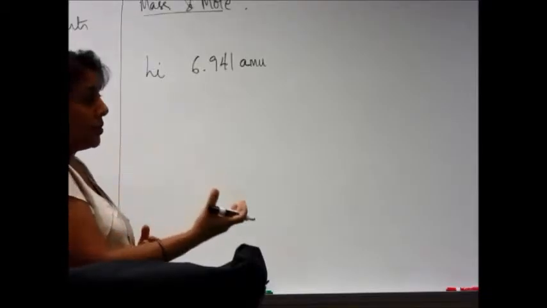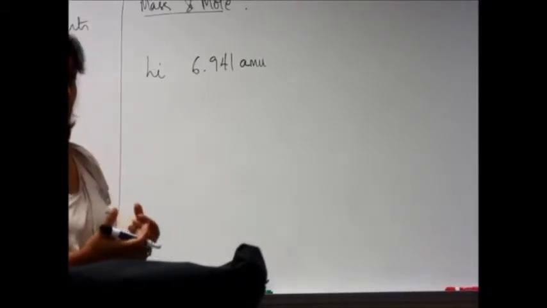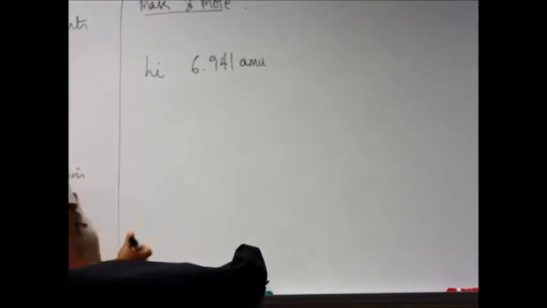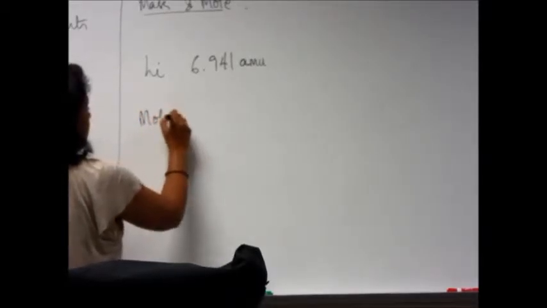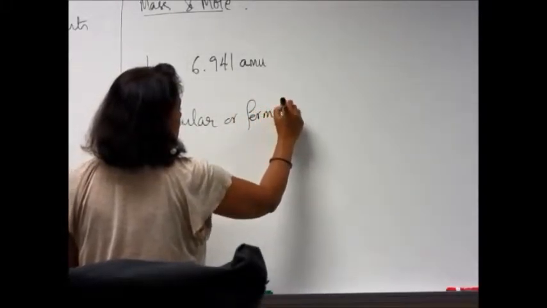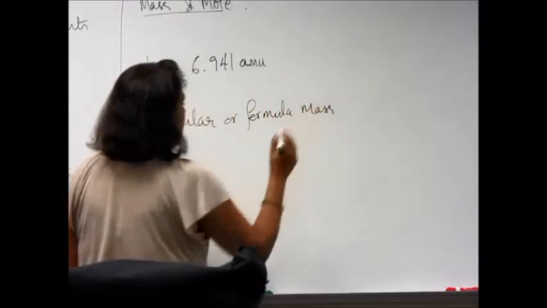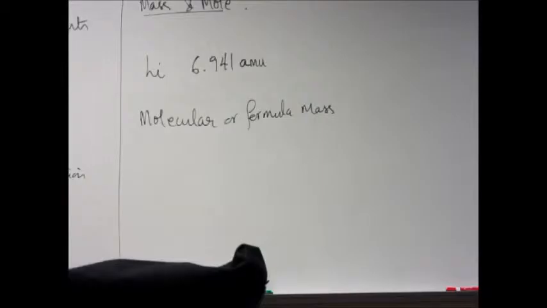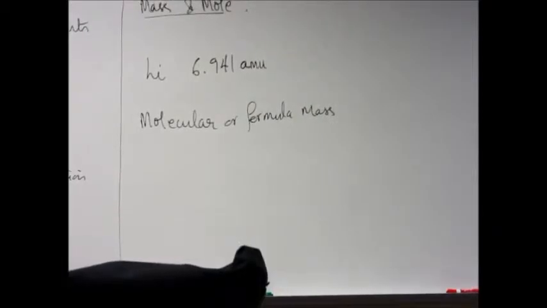Now we're going to get into what's called the molecular mass or formula mass. In the case of molecular and formula mass, you're working with a molecule or a formula. And you remember I said before that covalent compounds are considered to be molecules, whereas the ionic compounds are considered as formula units.